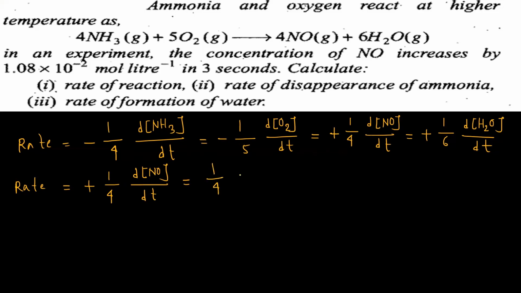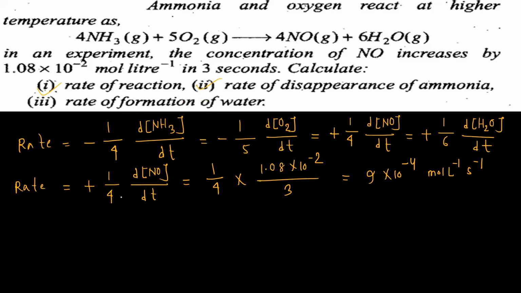So 1 by 4 multiplied by the change in concentration of nitric oxide is 1.08 into 10 power minus 2, and the time taken is 3 seconds. So our rate will come out to be 9 multiplied by 10 power minus 4 mole per liter per second. So we have found out the rate of reaction.